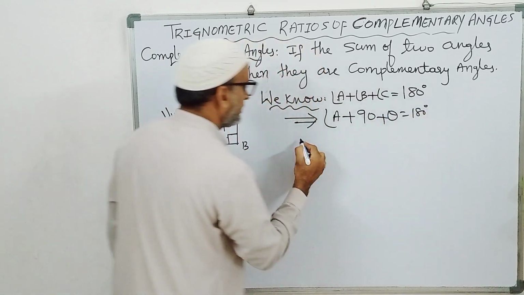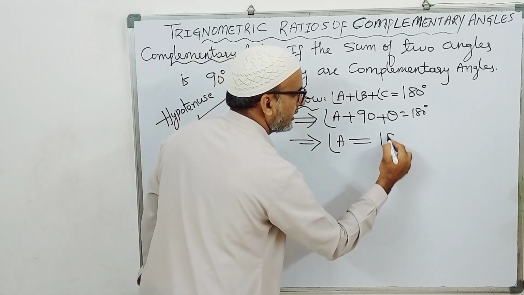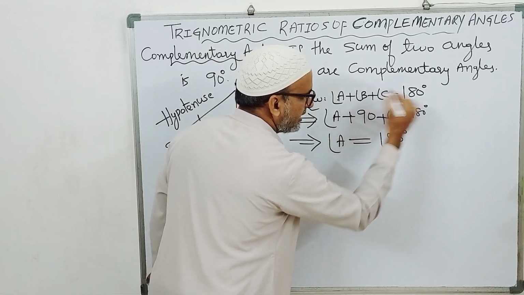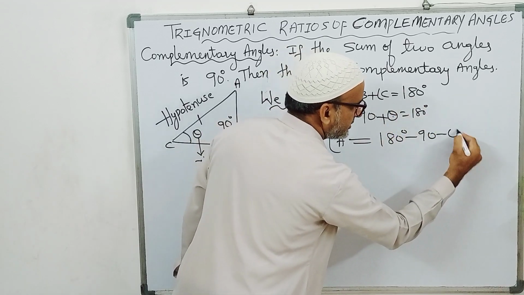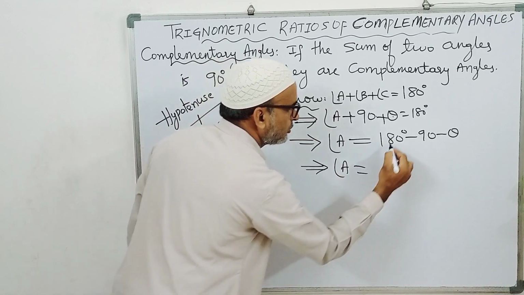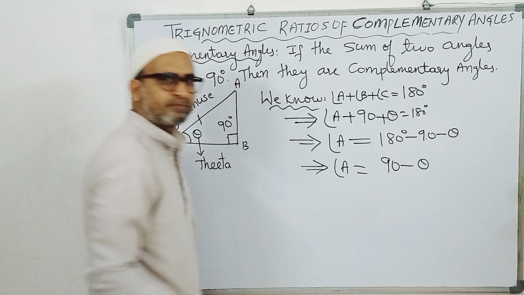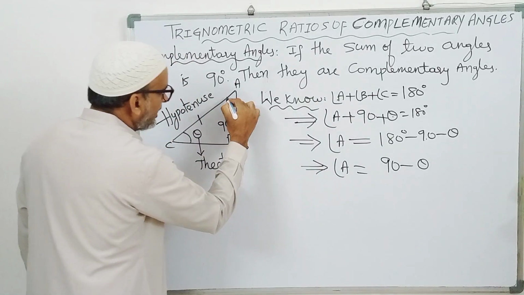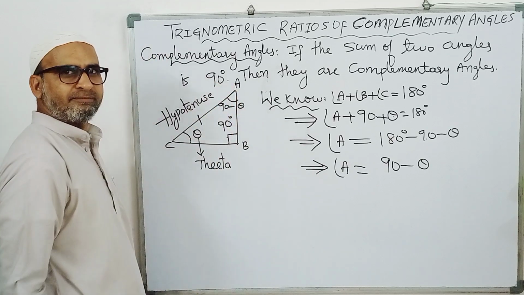This implies angle A is equal to 180 degrees minus 90 minus theta, which is 180 minus 90, 90 minus theta. So angle A is equal to 90 minus theta.